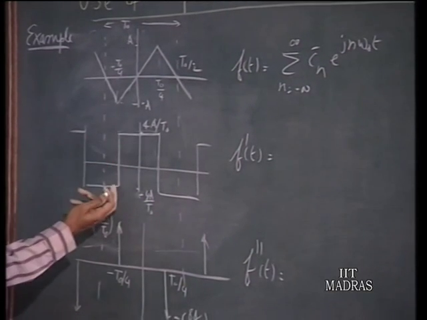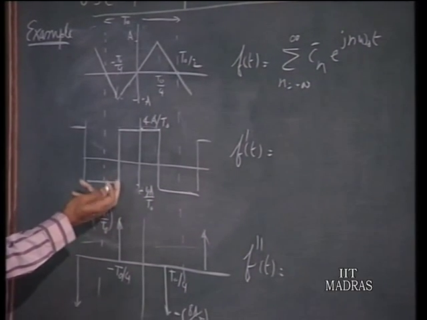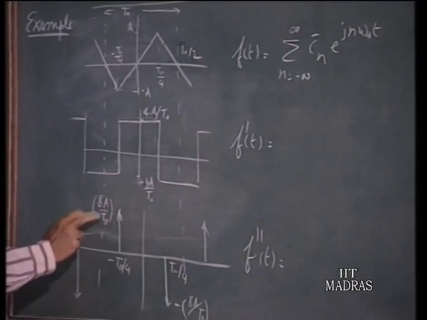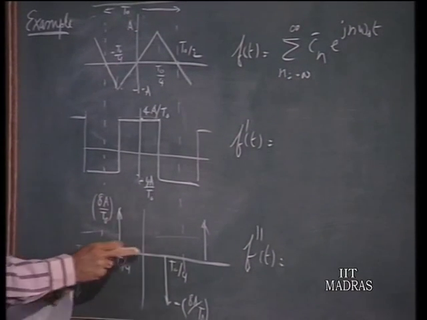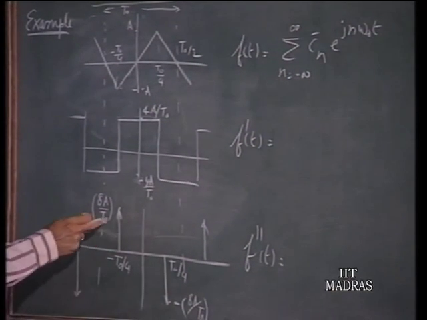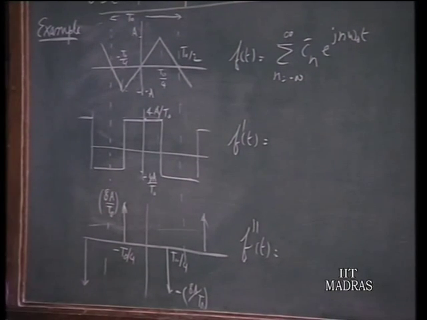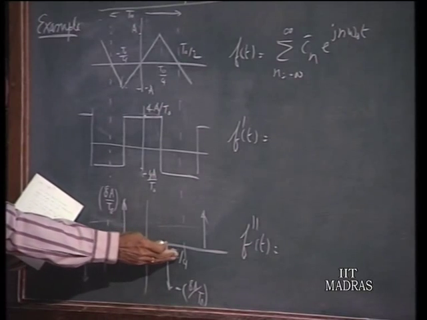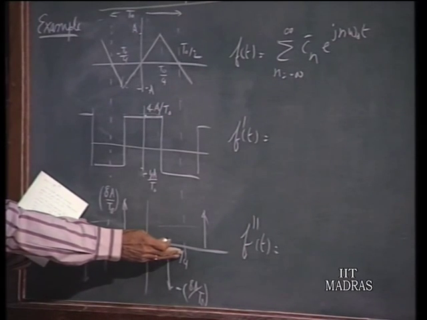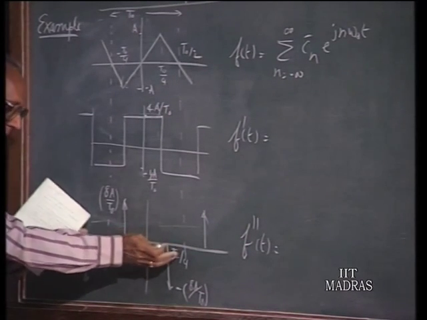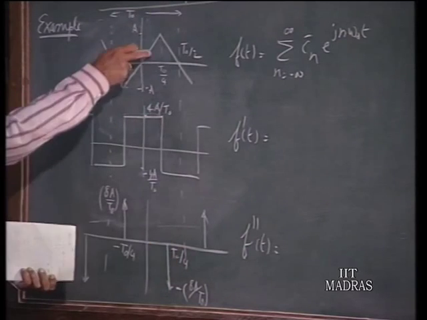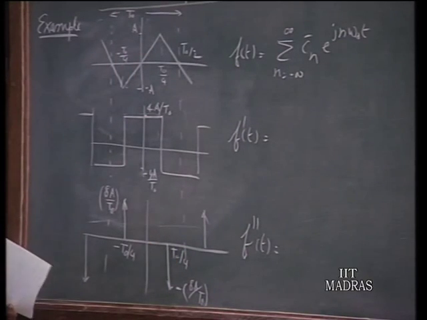Therefore, the jump that is involved in going from minus 4a upon t naught to plus 4a upon t naught is 8a upon t naught. Therefore, there are two impulses here, one positive and the other negative, with strengths equal to 8a upon t naught. And suppose we find the Fourier coefficients for this periodic waveform, then can we relate those Fourier coefficients to the Fourier coefficients of the parent waveform? That is what we want to do.